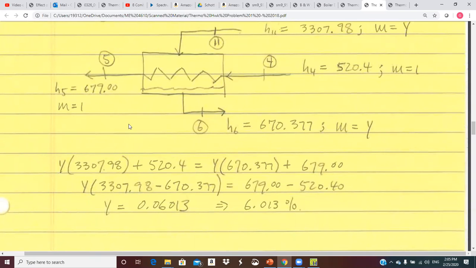If you had some lines that said makeup water is added here, is that just an additional mass fraction, like Y triple prime or something? Whatever it is, that's based on how you've drawn your cycle. You would probably have extra information.